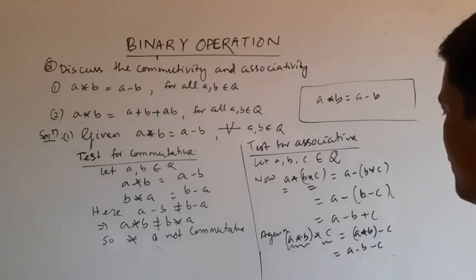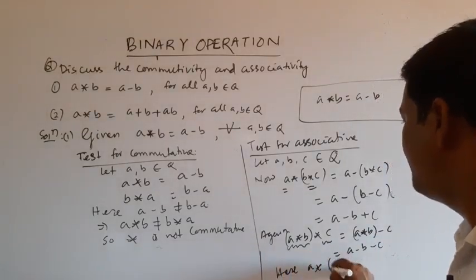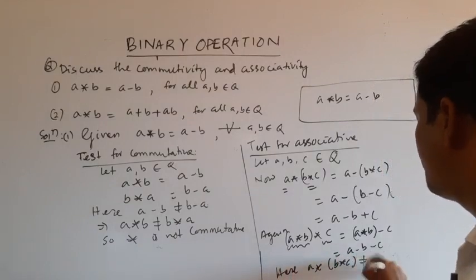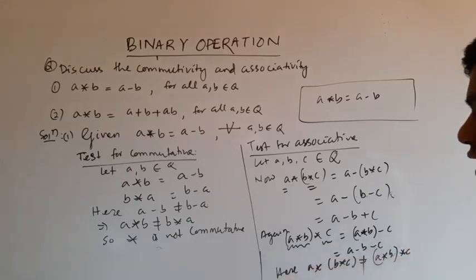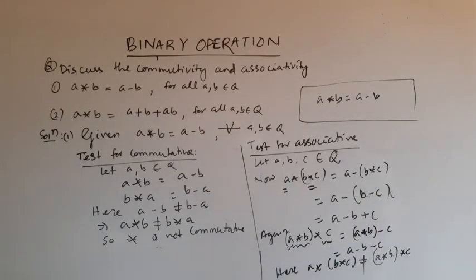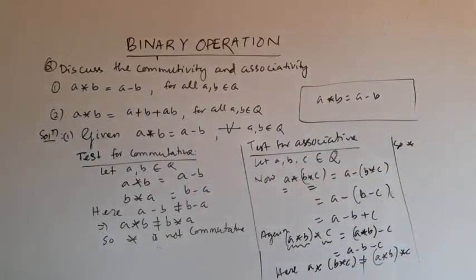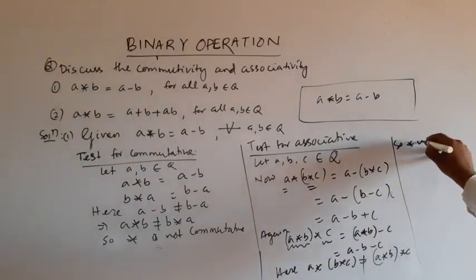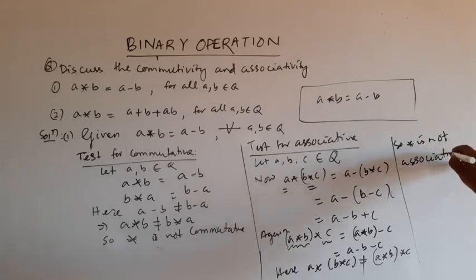So this is not equal to the earlier one: a star (b star c) is not equal to (a star b) star c. So star is not associative. This is the solution of question number 1.